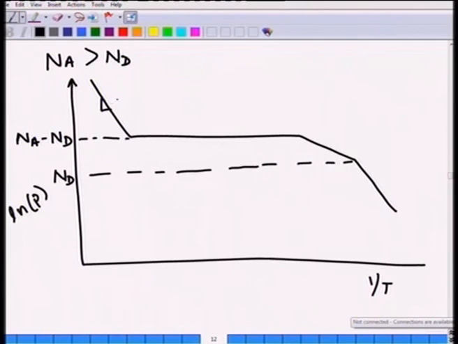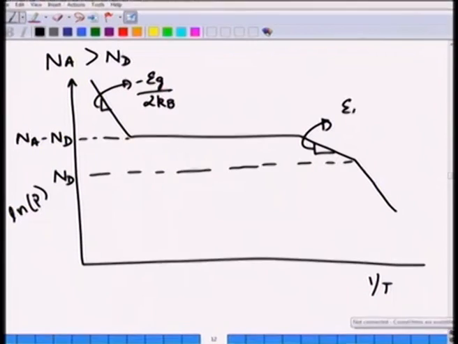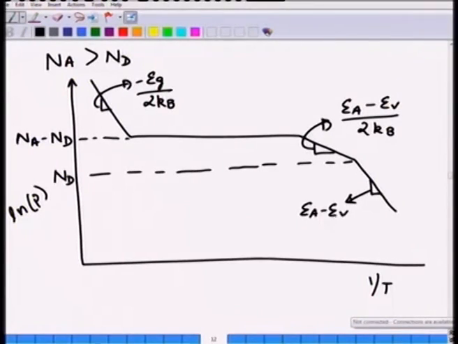This remains the same, it measures EG by 2K, and what I will be measuring here in this case would be EA minus EV by KB. These are the quantities we will be measuring by the same analysis.